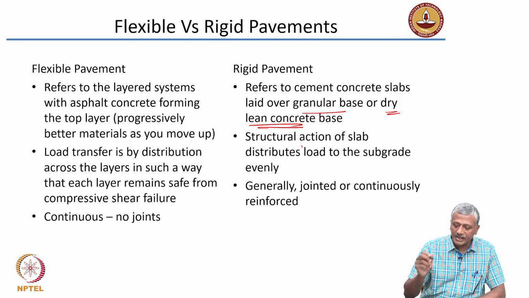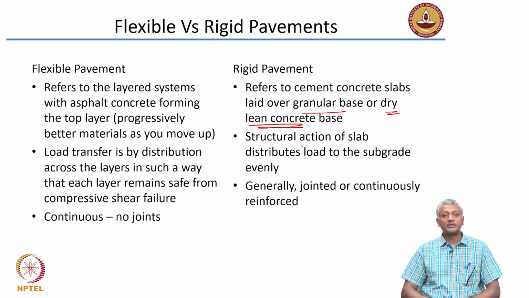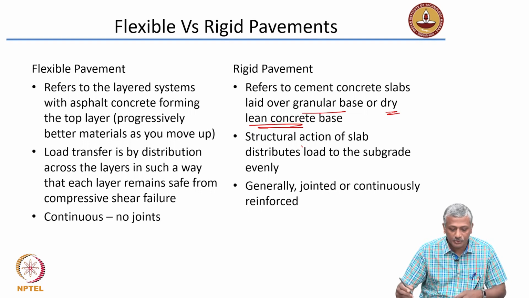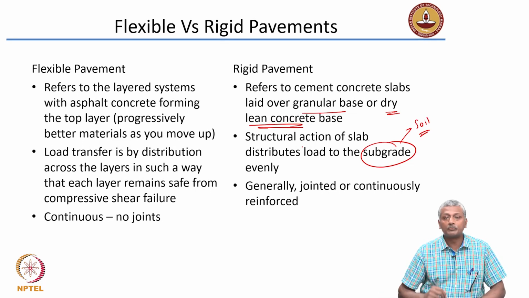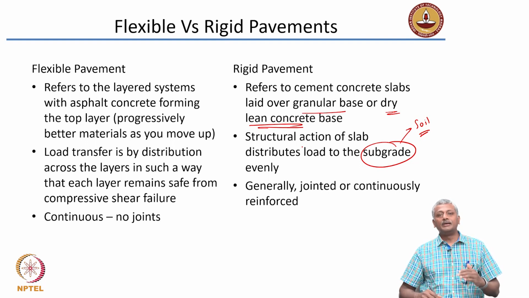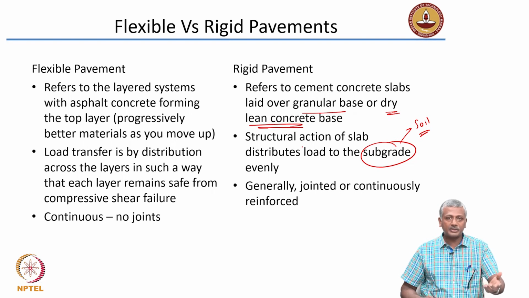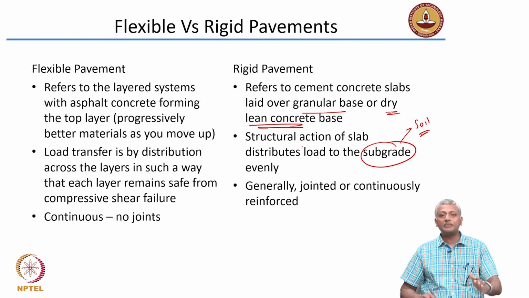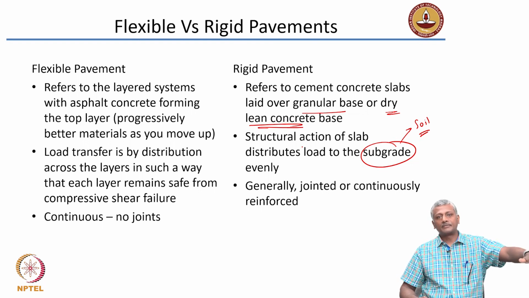Okay. The structural action of the slab basically distributes the load to the surface, subgrade. Okay. Again, I have introduced a term here, subgrade. Subgrade is nothing but the soil. The soil underneath is called the subgrade. Now, in roadway terminology or in transportation engineering terminology, grade means which is at level with the soil, at level with the earth's surface is called grade.